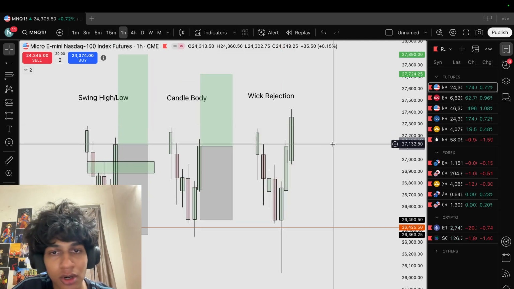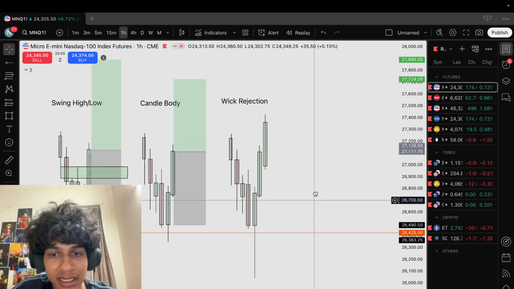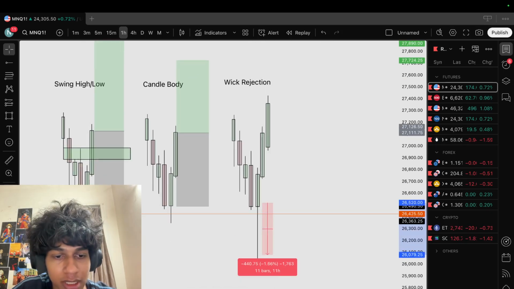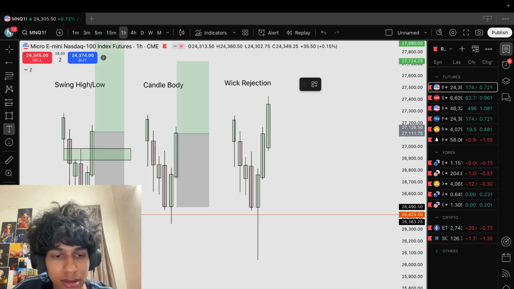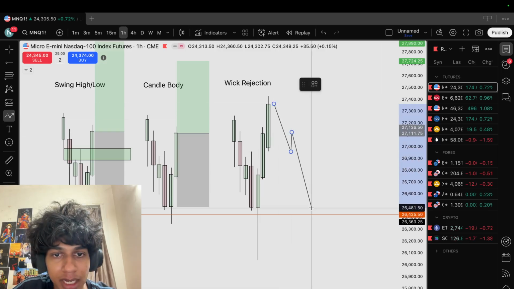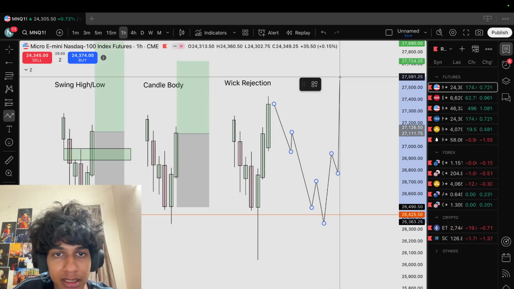The third one is something called the wick rejection theory. What is this? It's basically a wick that is rejecting very strongly. Price usually trades back into this wick, and then from here it might react and push higher.